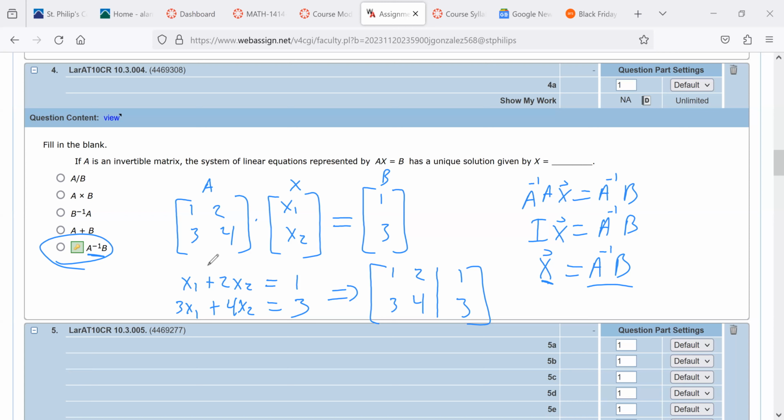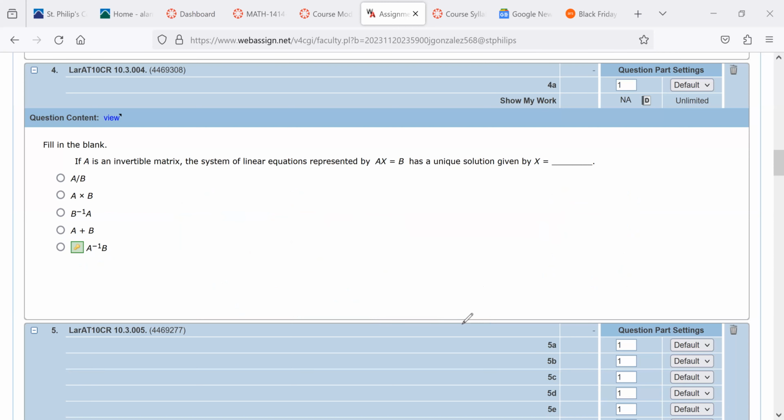If you find the inverse of the A part and multiply it times the b part, you will get the answer automatically, instead of doing the row reduction, the REF from the calculator. Of course, you can do it by hand, but we're not going to.